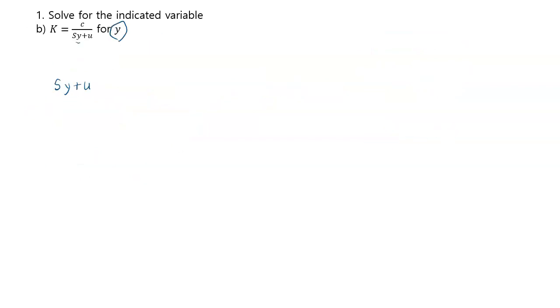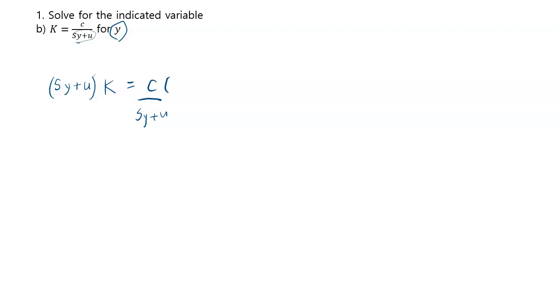The same story here. You want to multiply sy plus u both sides, and be careful. You're trying to multiply this entire thing to both sides, so you definitely need this parenthesis. Number one source of mistake in algebra is probably the plus minus sign, and the second one is parenthesis.